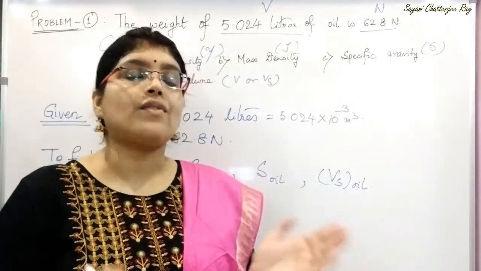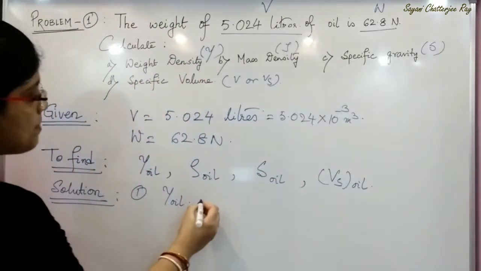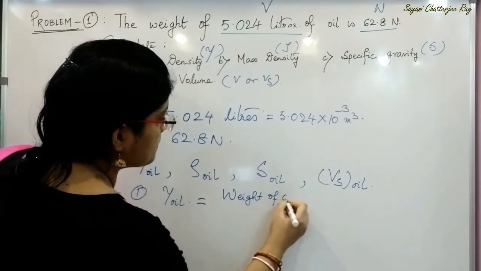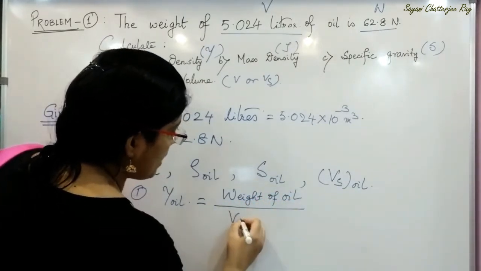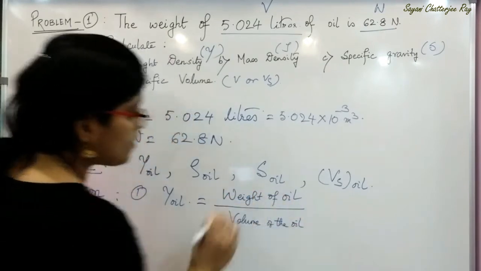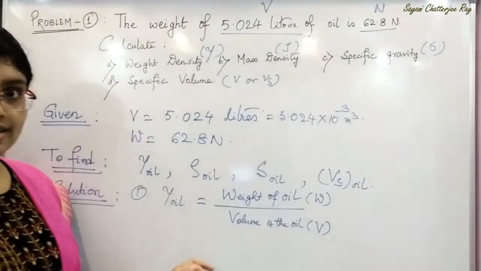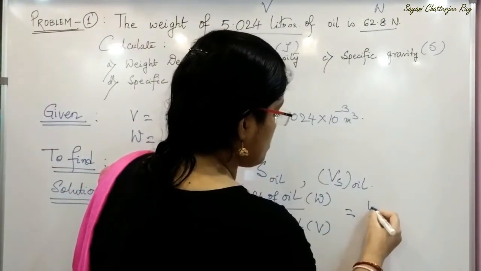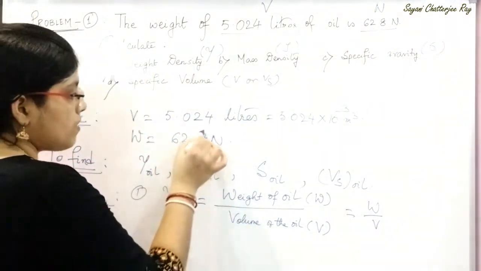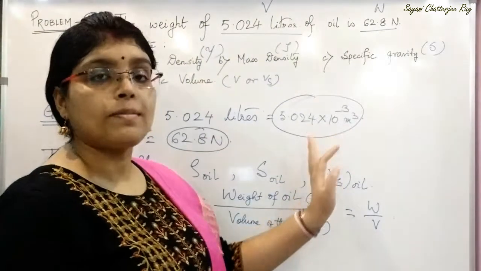The weight density of oil equals the weight of the oil divided by the volume of the oil. So gamma oil equals weight of the oil divided by volume of the oil. Weight of the oil is W and volume of the oil is V. So gamma oil equals W by V. In our given data, we have W equals 62.8 and volume is 5.024 multiplied by 10 to the power minus 3 meter cube.